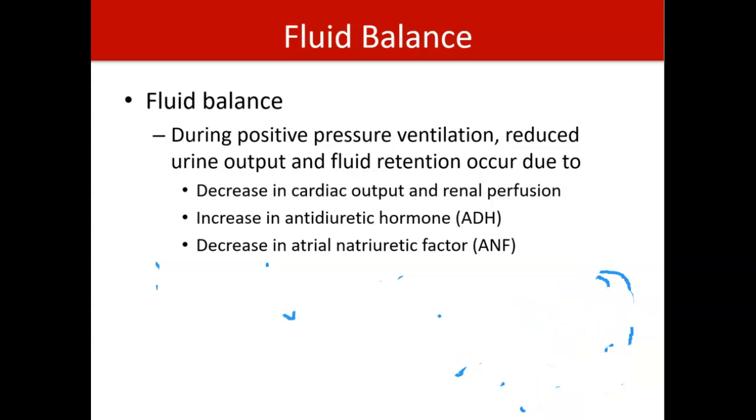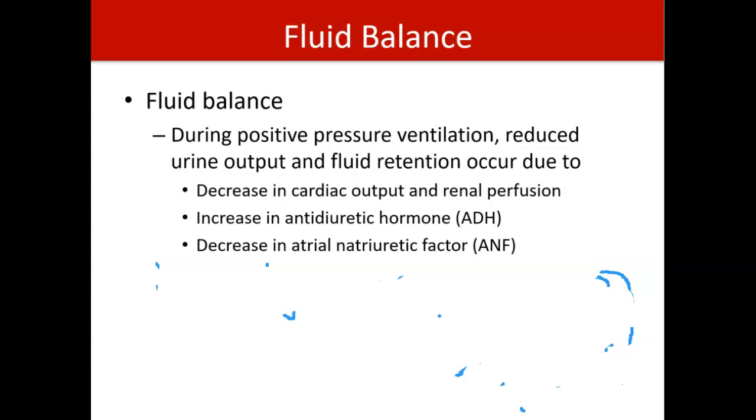The second mechanism is an increase in antidiuretic hormone. Your mechanical ventilation is also going to reduce your urine output as a result of increasing that antidiuretic hormone. So when you're on a mechanical ventilator, you're going to stimulate more production of antidiuretic hormone, meaning we're going to retain more volume.